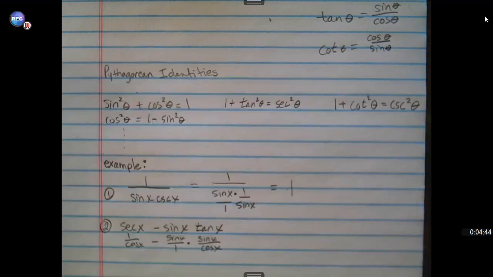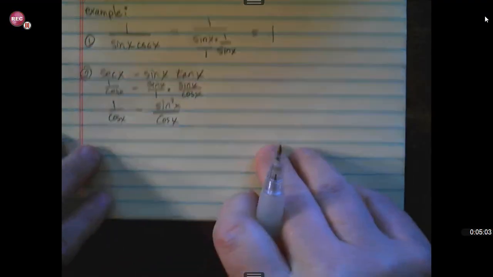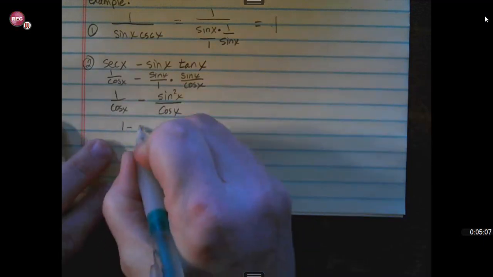Okay, and you can see now that we have 1 over cosine x minus sine squared x over cosine x. And we have a common denominator here, so we can add those together, or subtract in this case, and get 1 minus sine squared x over cosine x.